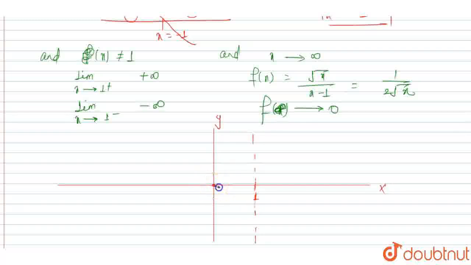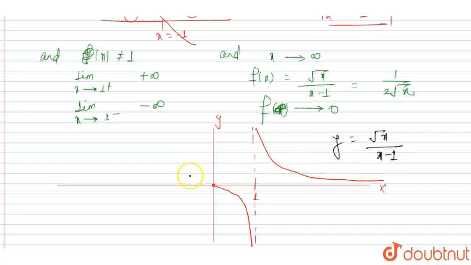Then this graph looks like this, and at x is equal to 1 plus, this tends to infinity. And as x tends to infinity, y tends to 0, then this graph looks like this. And this is the graph of y is equal to root x upon x minus 1. Okay, thank you.